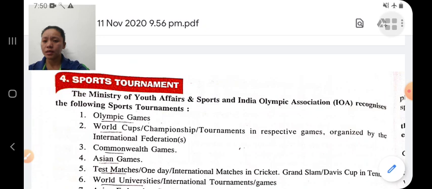Tournament means a series of competitions between various teams, between various players.